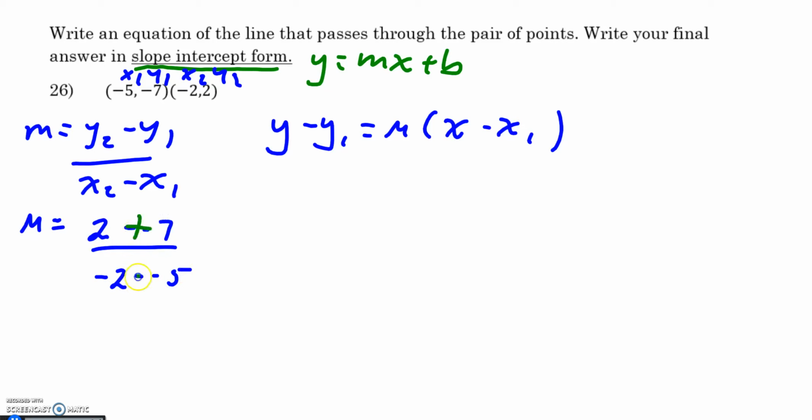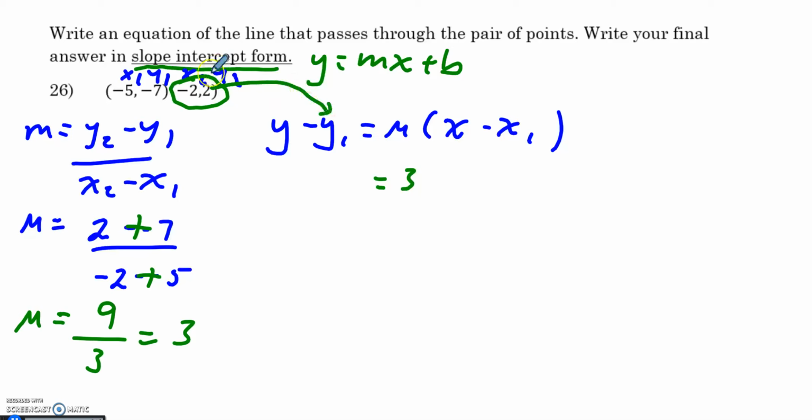Both of these would become addition. So my slope would be 9 over 3, or just 3 over 1. So I would take my 3 and plug it into my point-slope form. I also would then choose whichever point I'd like. I know I did an example like this first semester, and more of you preferred this point, so I will use it. I will plug the 2 in for y1 and the -2 in for x1.